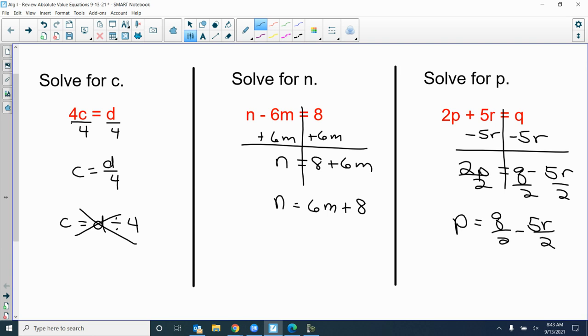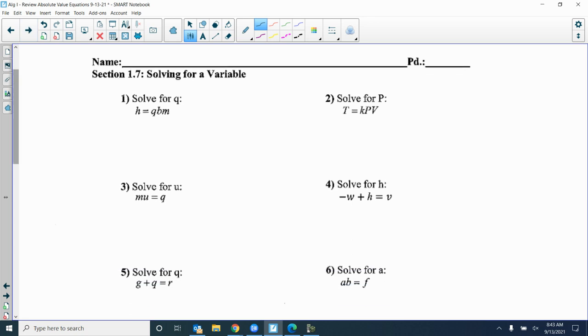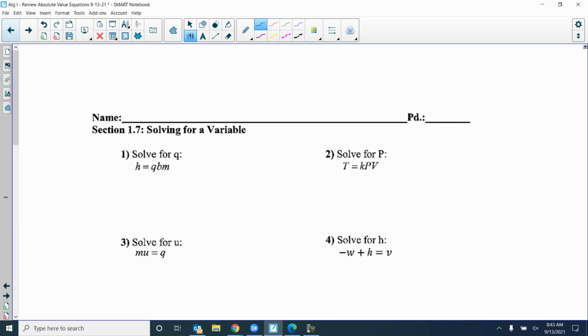All right, on your homework, look over those problems, because there's really no numbers in any of these. It's just all variables. I had a couple that I had changed.